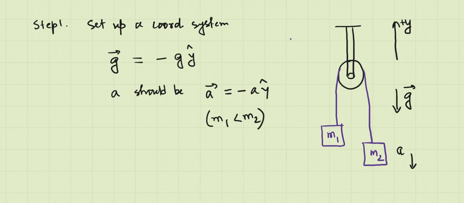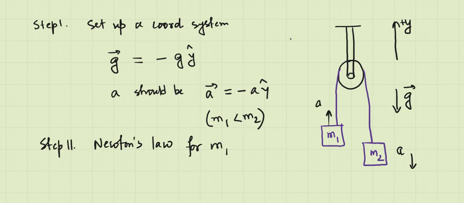Now our second step is to apply Newton's law for mass 1. So step number 2, Newton's law for mass 1, m1. How do I do that? Well, if the object is accelerating, m2 is going downward, that would mean that m1 would be going in the upward direction.